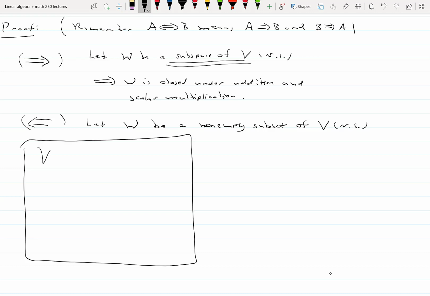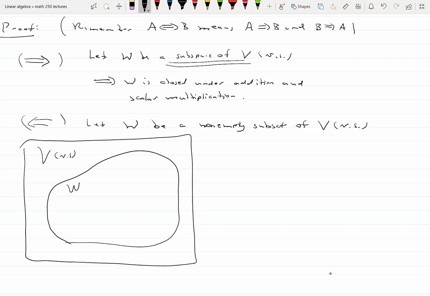V is a known vector space. Here's W, a non-empty subset of V. I want to prove that if I know that W, the subset, is closed under addition and scalar multiplication, then W forms a vector space.